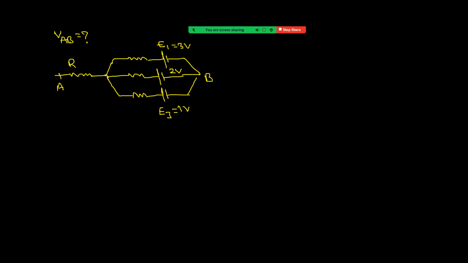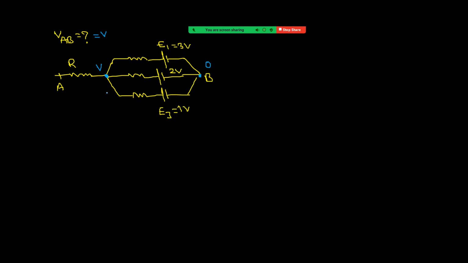So I'm taking directly between this point and point B. To make the calculation simple, I am taking the potential at B as 0. At this point, the potential is V. That means we have to calculate the V value, because the difference becomes V minus 0.